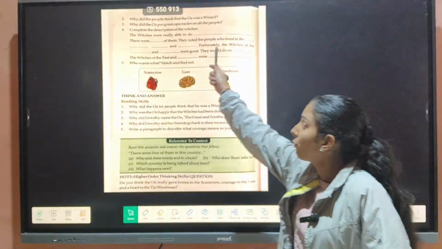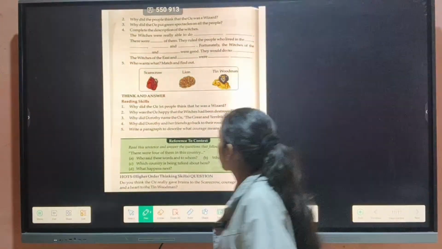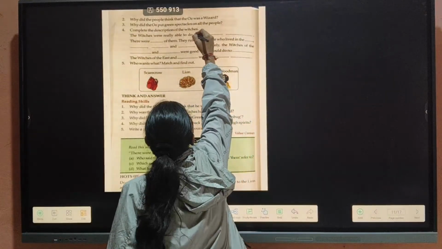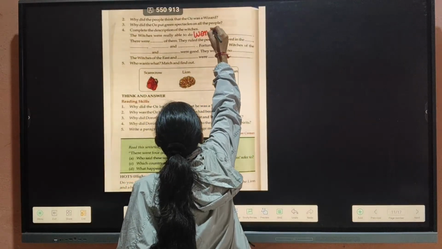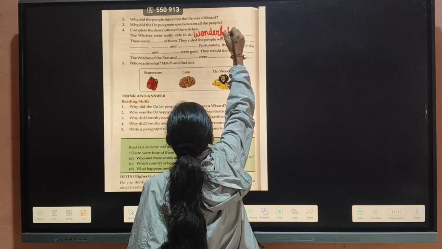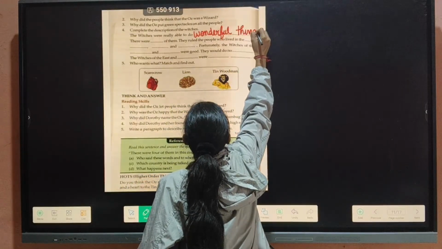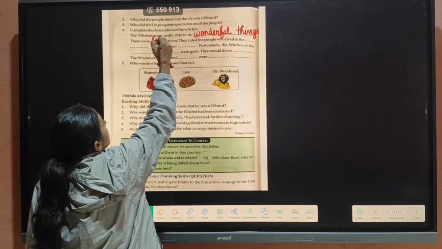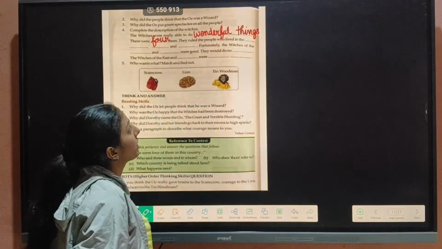This you have to fill from your book, beta. The witches were really able to do, what will come here? What are they able to do? They are able to do wonderful things. Okay. There were how many witches? There were 4 of them.